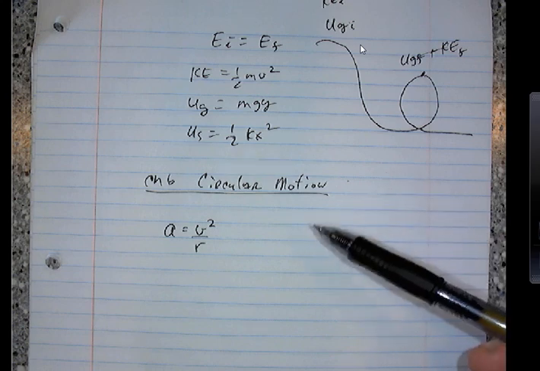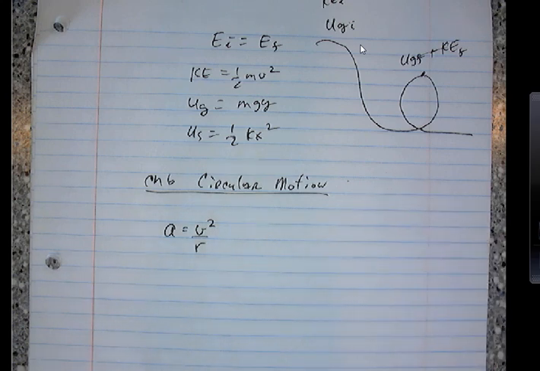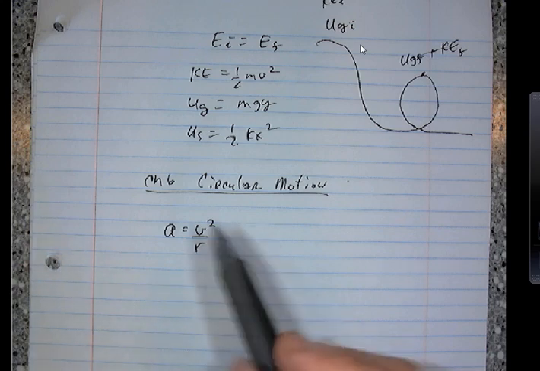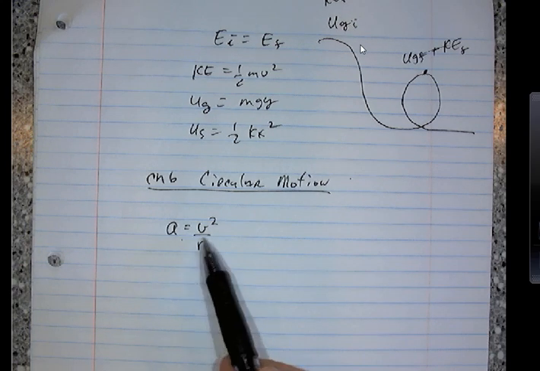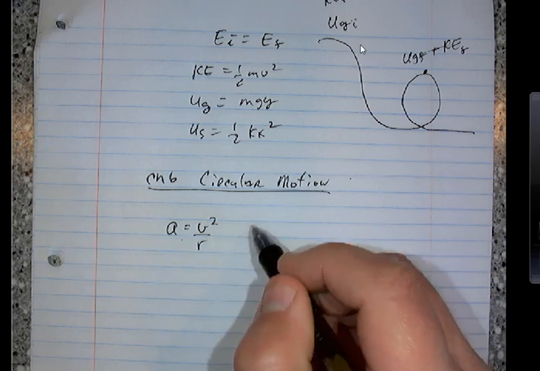I always give the example, if you have your child and you're spinning them in a circle by holding their hands, and you let them go, they would fly off in the same direction they were moving. There has to be a force on the child from you, towards you, so towards the center of the circle, that keeps them going in a circle. So there's always got to be a force towards the center. This is called centripetal acceleration, and it's, again, towards the center.